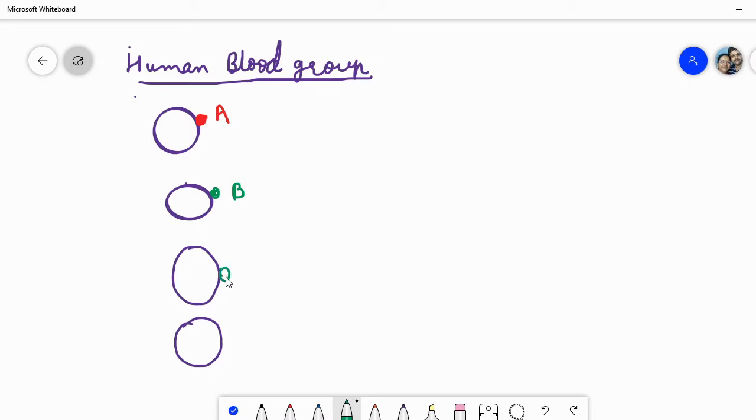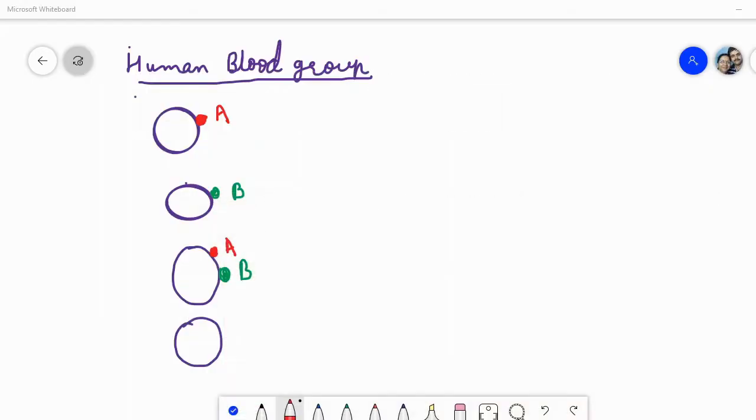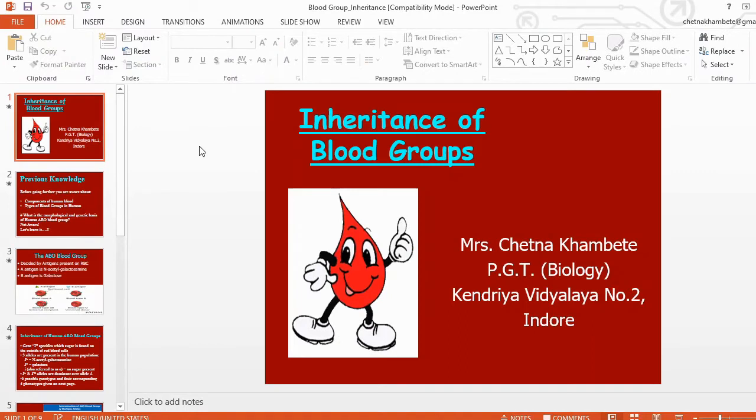There is also a possibility that A and B both can be present together, so both antigens are present like that. And one possibility is that there is no antigen present at all. So this is the possibility of how the human blood groups are formed. But before that, let us see what human blood groups are and how they are decided.